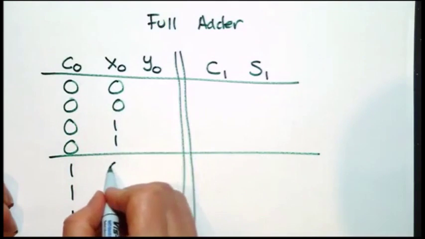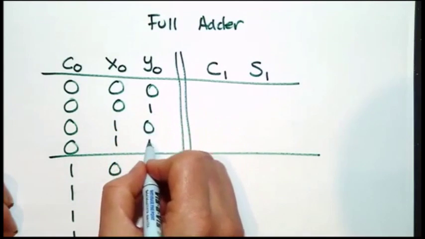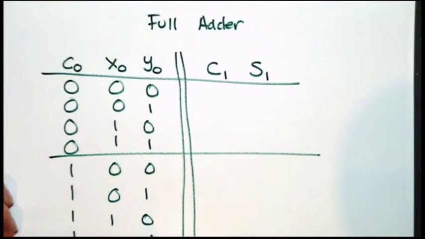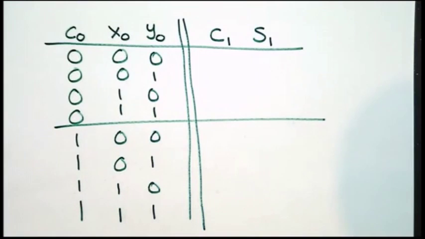So we make our truth table like we normally do. And then all we have to do is figure out what the sum digits, sum and carry digits are.